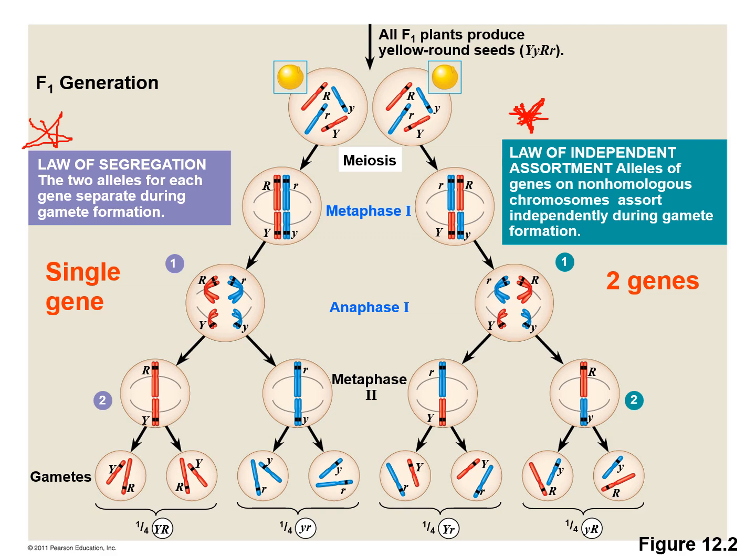So how do you tell the difference between these? The law of segregation is only talking about one gene or one trait that you're looking at. So maybe you're looking at just the seed color. Maybe you're looking at just this Y gene.